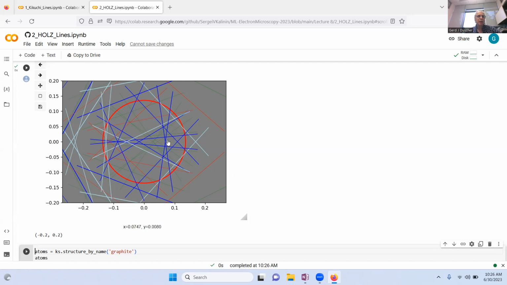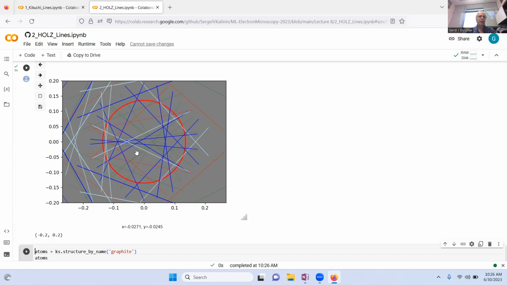And you can see there are a lot of them going on. The red ones are the Kikuchi lines, they're a bit outside. The blue ones are our completely equivalent deficient lines from the higher order Laue zones.